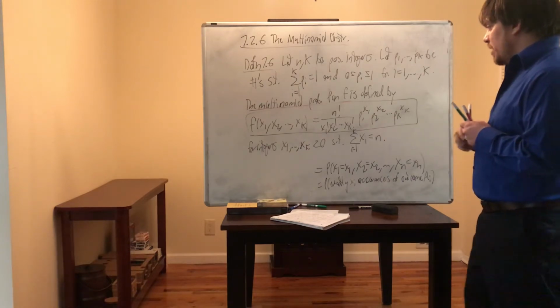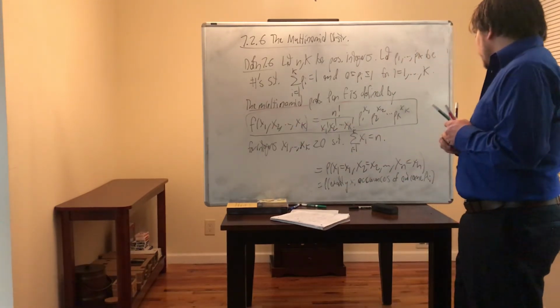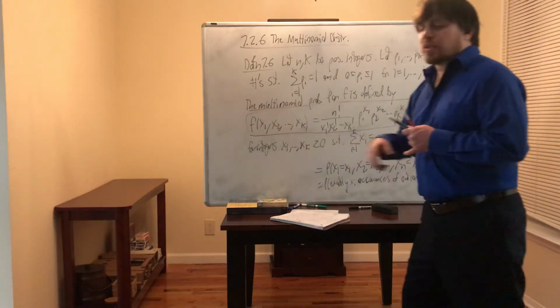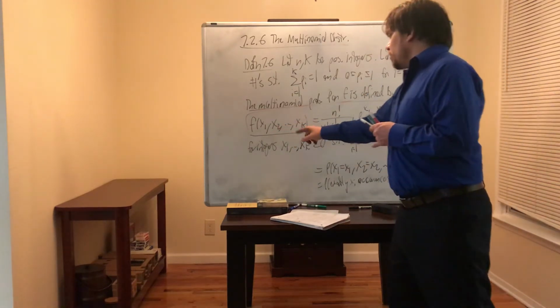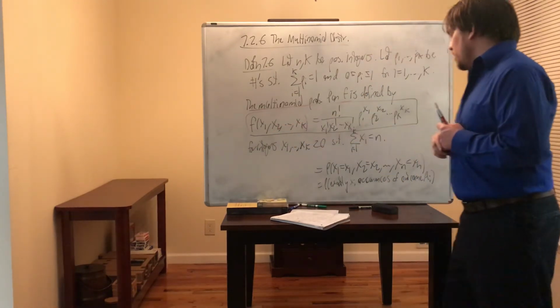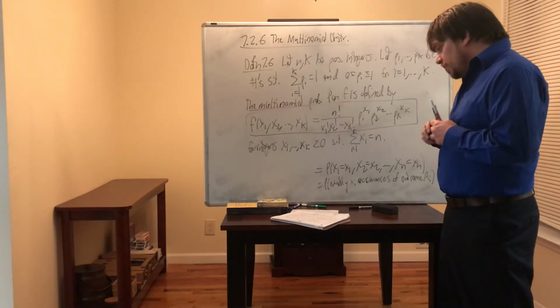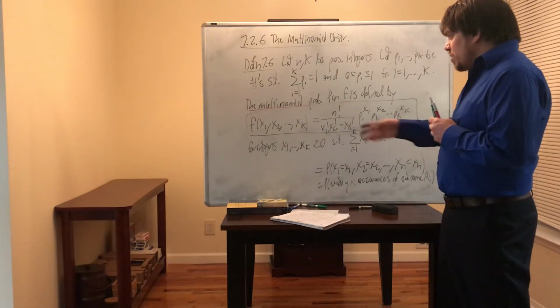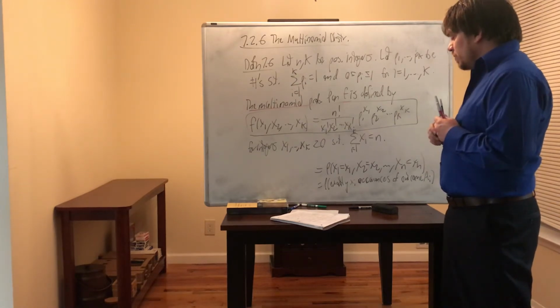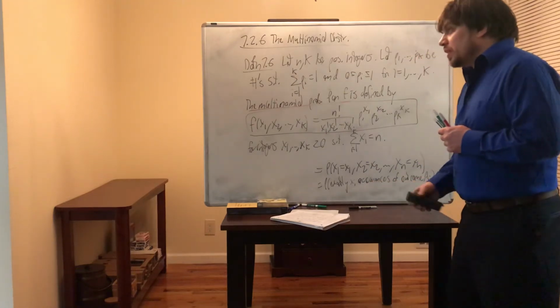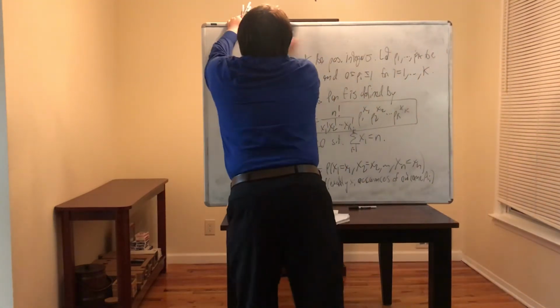Okay, so you would have x1 many occurrences of outcome A1, x2 occurrences of outcome A2, up to and including x sub k occurrences of outcome A sub k, and it would equal that. Okay, so that's the multinomial probability function f. So then, let's keep going.